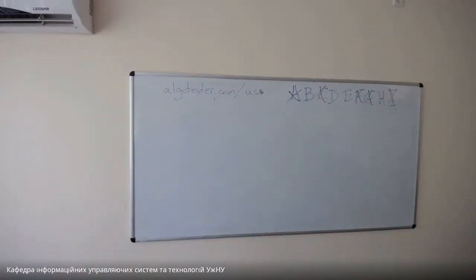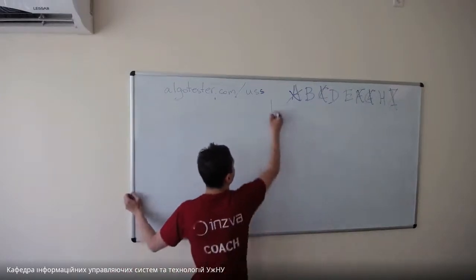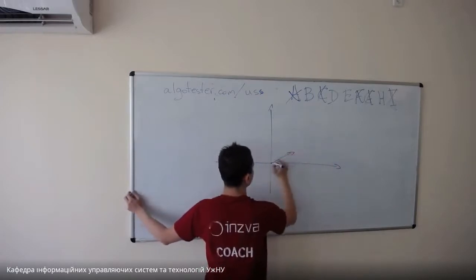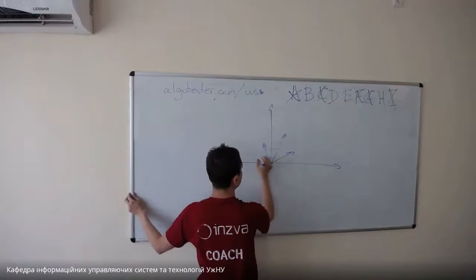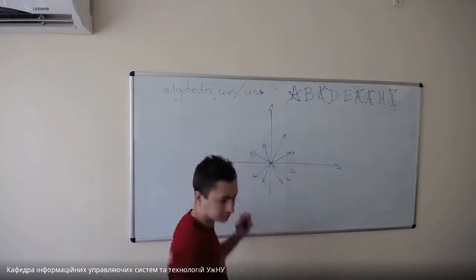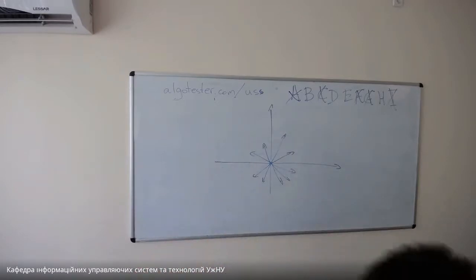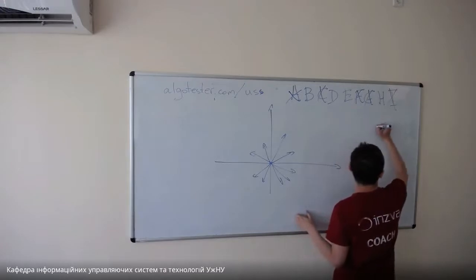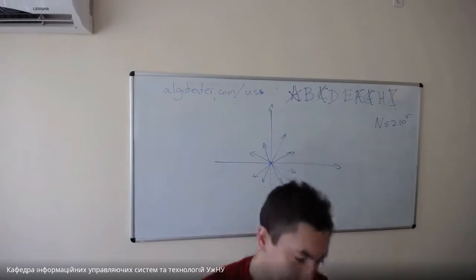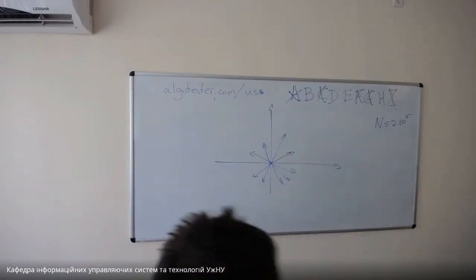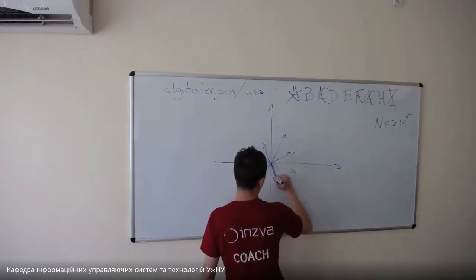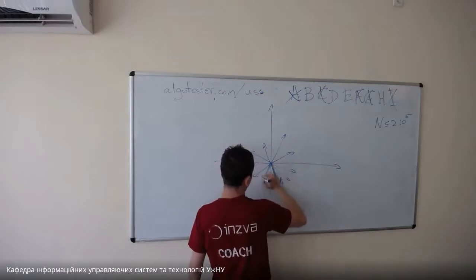We had a bunch of vectors, up to 2 times 10 to the 5th. And we had to select a subset of those vectors. For example, this one, and this one.